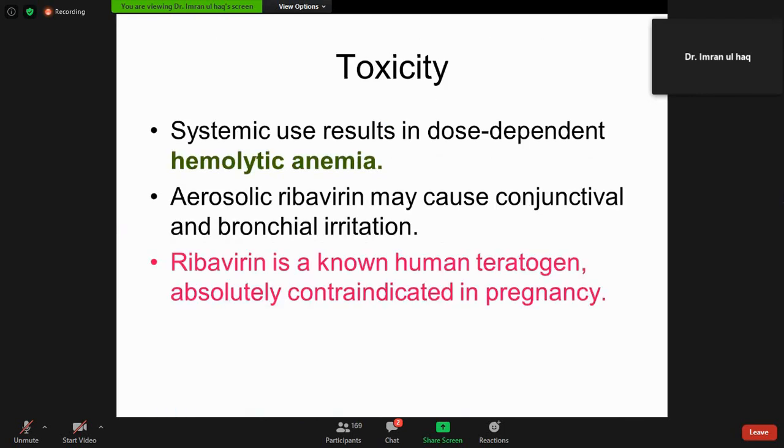Toxicity: systemic use results in dose-dependent hemolytic anemia. This is an important side effect from the exam point of view. Aerosol ribavirin may cause conjunctival and bronchial irritation. Ribavirin is a known human teratogen, absolutely contraindicated in pregnancy.